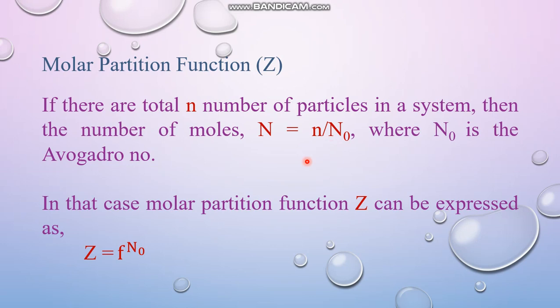If it is 1 mole, then this n is nothing but n0. So you have n0 number of particles, and therefore their combined number of available energy states is F to the power n0, and this is expressed as Z, which is called the molar partition function. This is a very easy thing, and you can easily relate this Z with the expressions of the classical thermodynamic functions.